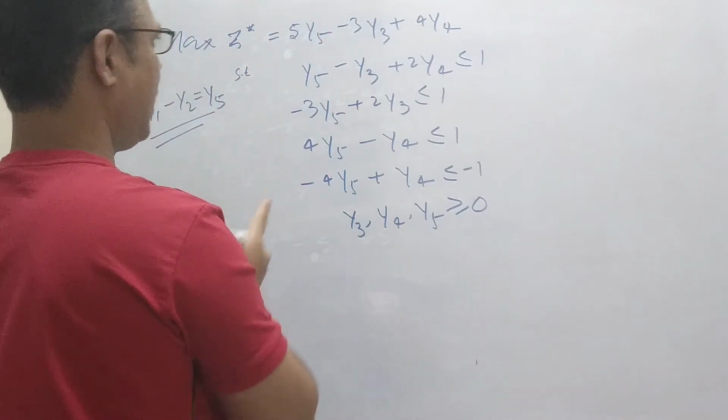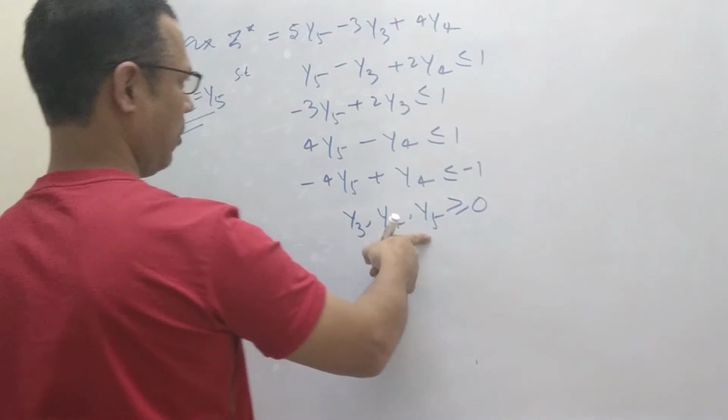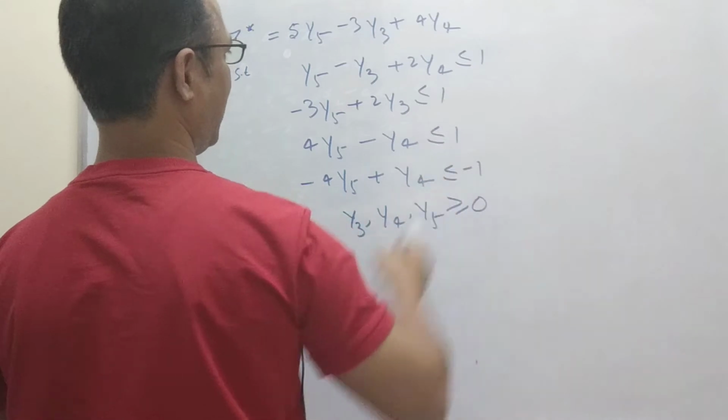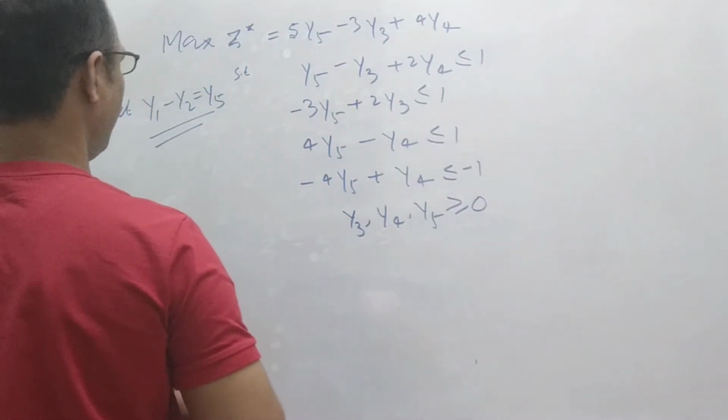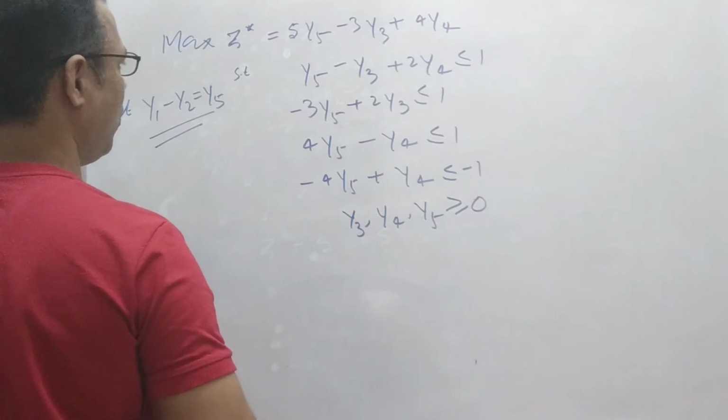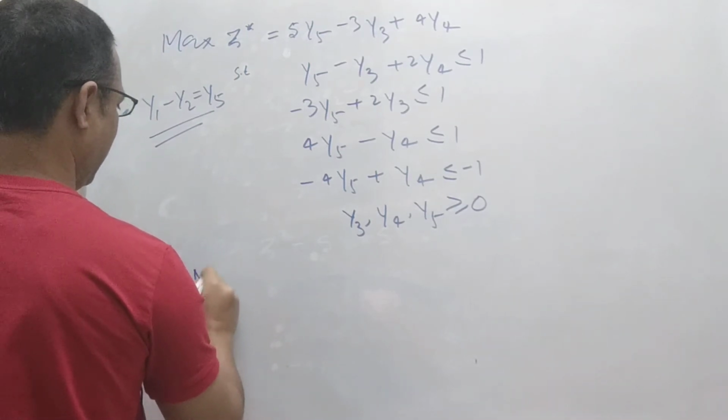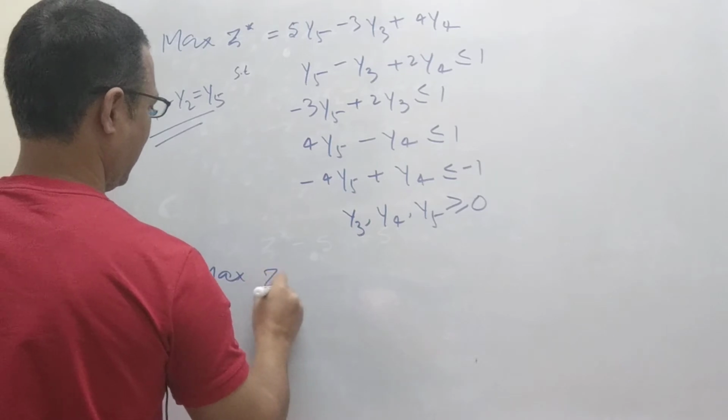So 3 variables, 3 constraints. Now we have achieved 3 variables, but still there are 4 constraints. So we cannot say we have achieved the dual. Now we need to proceed for further evaluation.